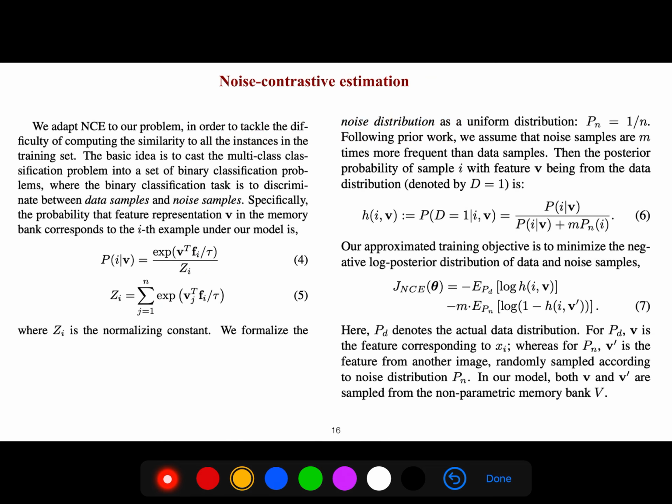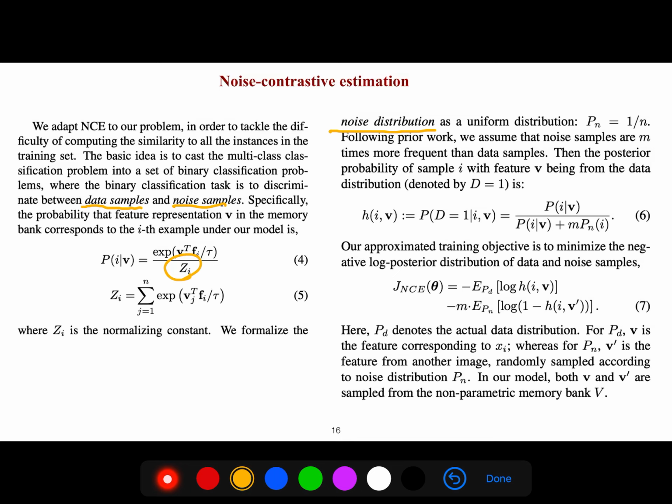So we adapt NCE to our problem, in order to tackle the difficulty of computing the similarity to all instances in the training set. We want to discriminate between data samples and noise samples, and Zi is your normalizing constant. We formalize the noise distribution as a uniform distribution.